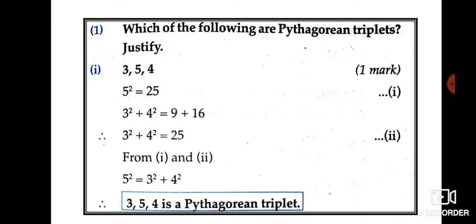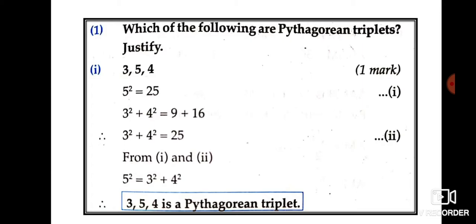The Pythagorean triplet is related to Pythagoras theorem. Now you know that in the lower class, Pythagoras works for a right angle triangle. In any right angle triangle, the hypotenuse, that is the side opposite 90 degree, is always the largest side.